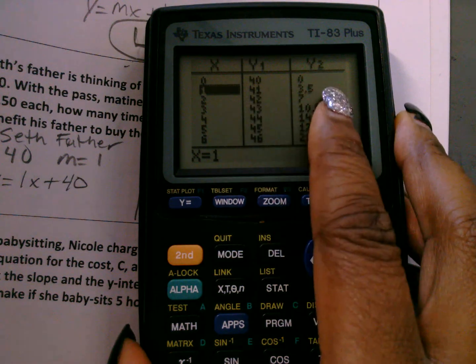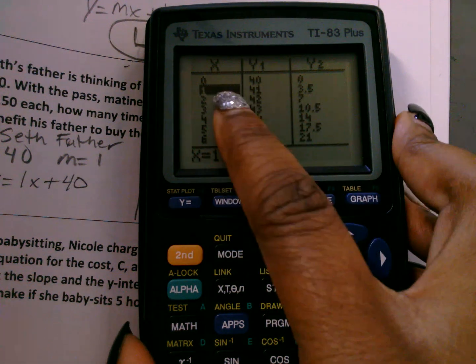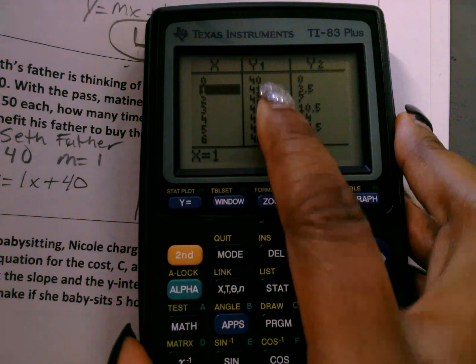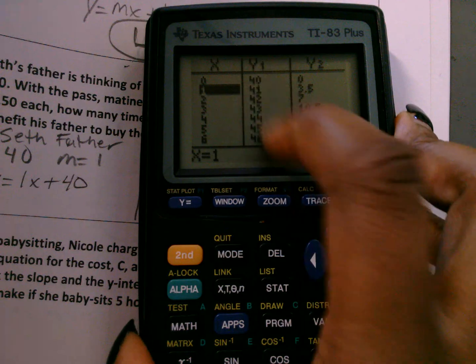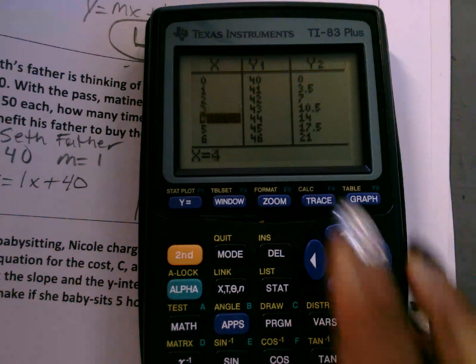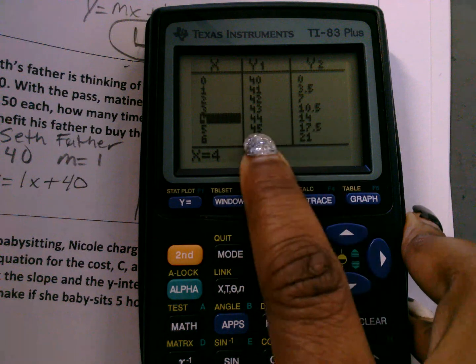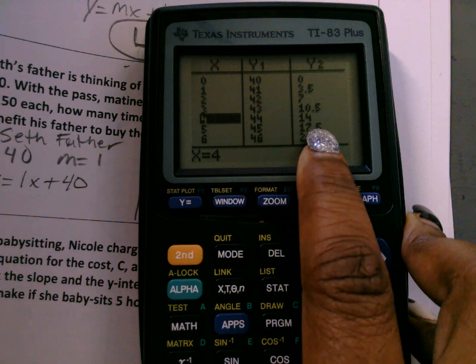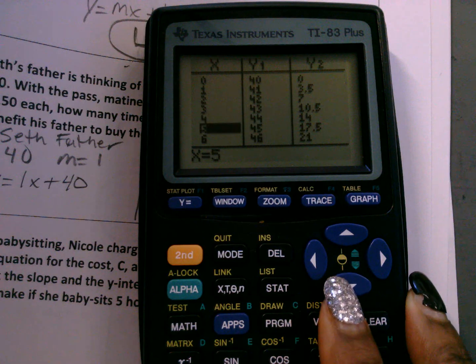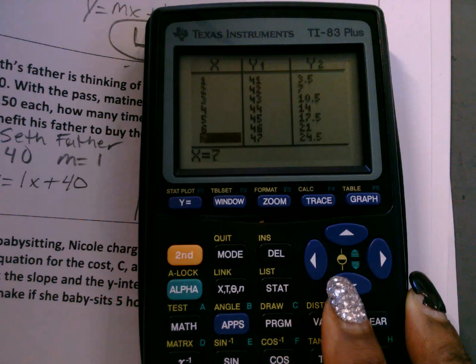At which point, how many times does he have to go to the movie theater for the father's deal to be cheaper? So far, keep going down. It is still more expensive here than it is over here. Keep going down. 4 tickets, 5 tickets is still more expensive. 6, 7, 8.